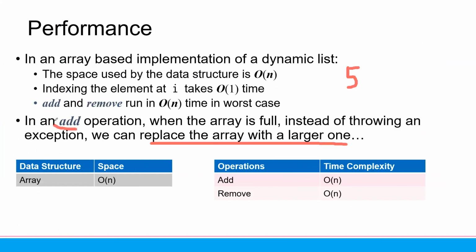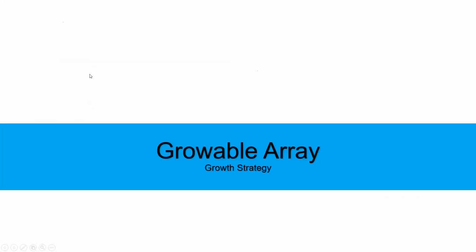So for the add operation, there will be another operation. So now we have O(n) for the add and O(n) for removal. For the space we have O(n). And we need to think about the growth strategy. The growth strategy means how to enlarge the array.